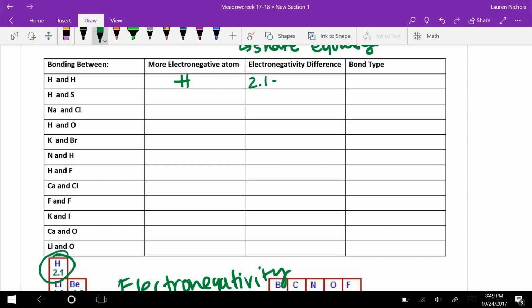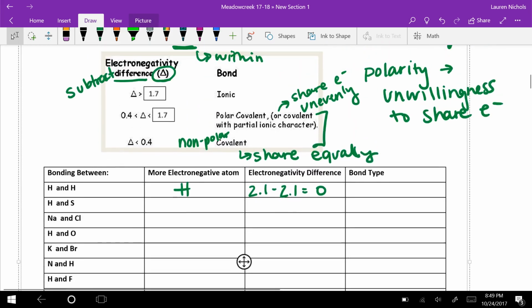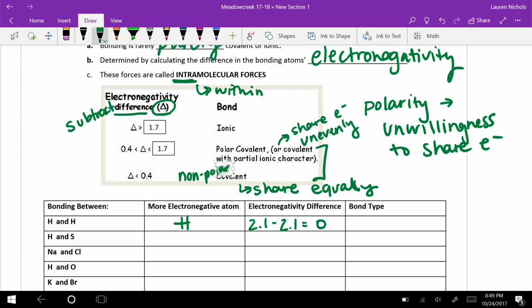It'd be 2.1 minus 2.1 equals 0. And we would take that 0, our difference, and we know that it's also equal to our triangle. And so we would come up here and we'd say 0 is less than 0.4, so my bond type must be non-polar covalent. And that's how we figure that out.